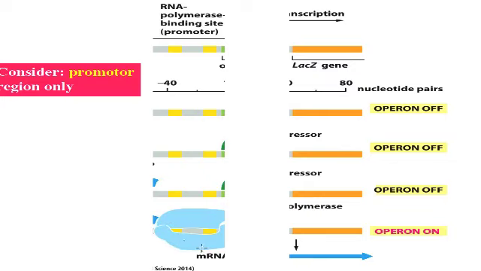However, if RNA polymerase is sitting on the promoter, then there's a possibility that the operon will be on. Therefore, the RNA polymerase can perform some type of transcription. So that's what the promoter does. It binds to the RNA polymerase under certain circumstances.